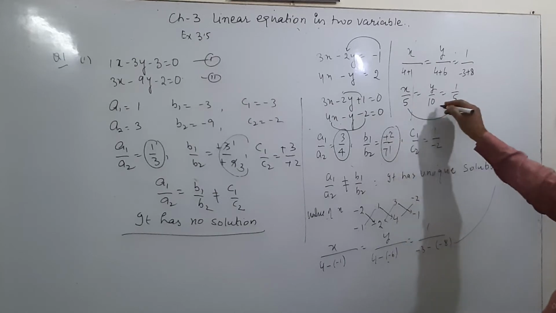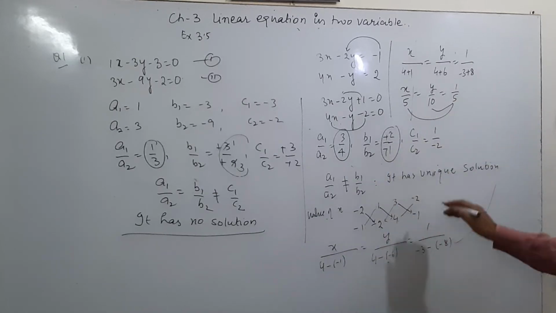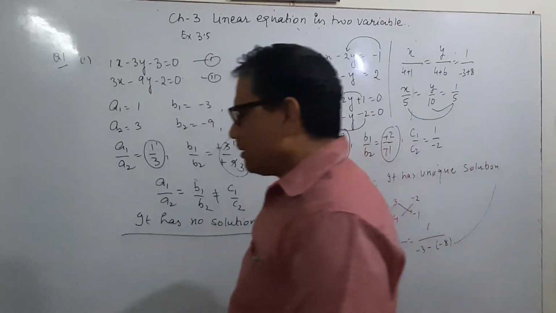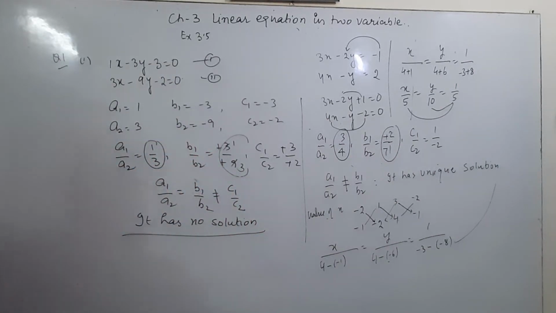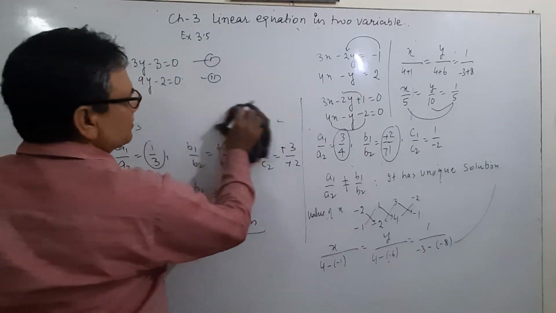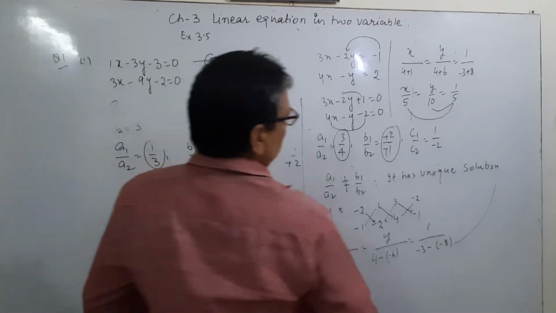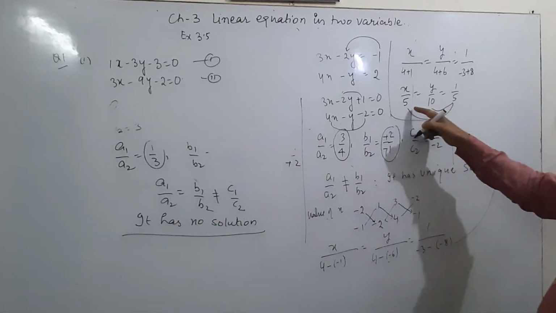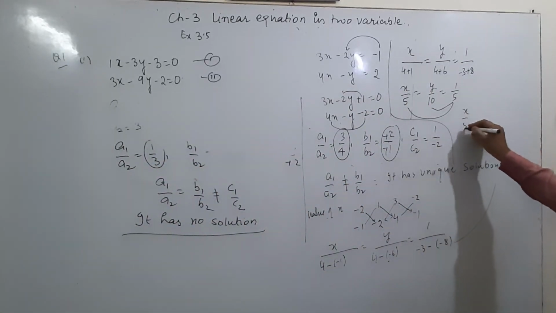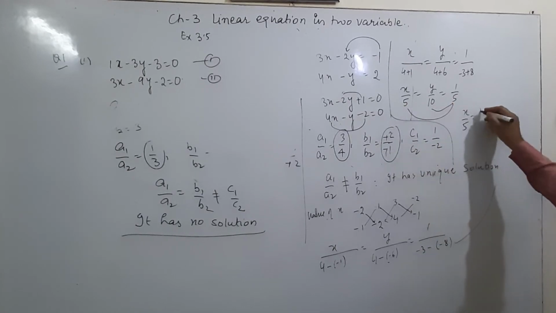And now compare, and after that you find the value of x and y. Again I am solving this one. How will we compare it? x upon 5 is equal to 1 upon 5.